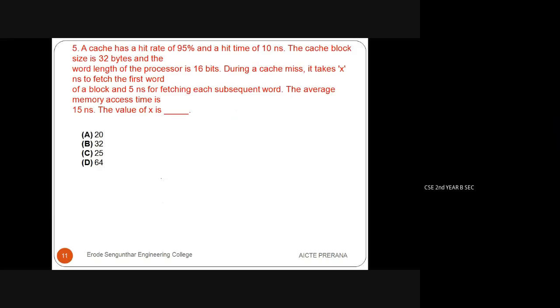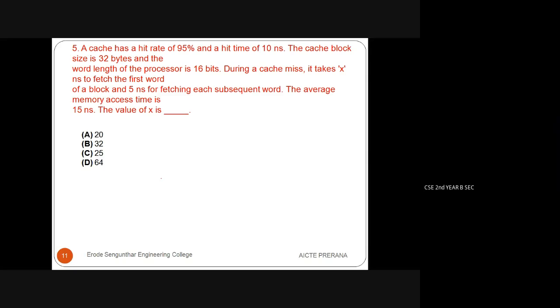The next question is also related to the cache, that is memory access. I am reading out the question, so concentrate. A cache has a hit rate of 95% and the hit time is 10 nanoseconds. The cache block size is 32 bytes and the word length of the processor is 16 bits.